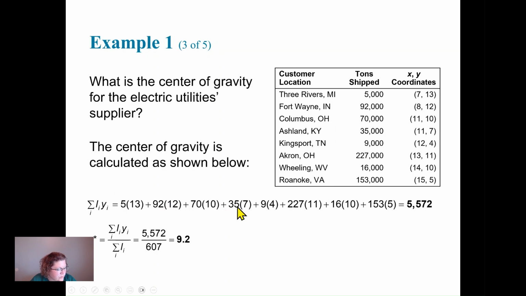We continue through all of our customer locations, focusing on that Y coordinate, and we get a sum of 5,572. To calculate our Y star, which is the Y coordinate of our center of gravity, we have 5,572 divided by the sum of our total loads, which is back on that previous slide, 607,000 tons, and that gets us to 9.2.